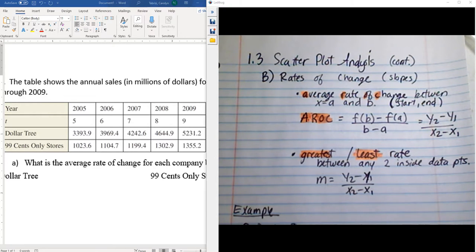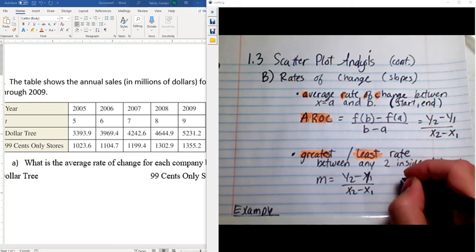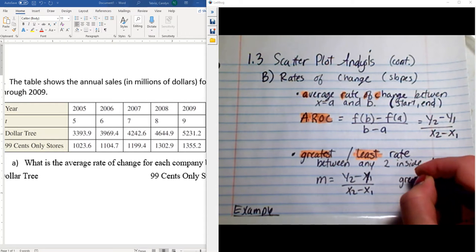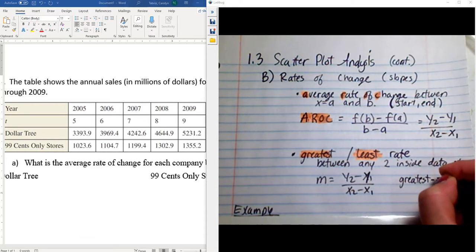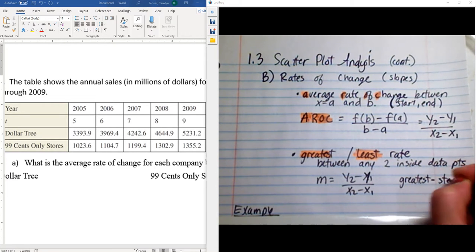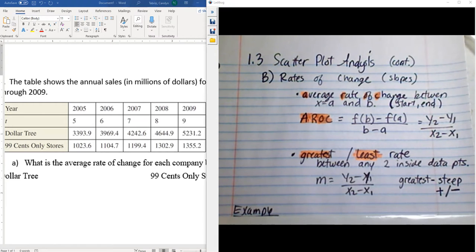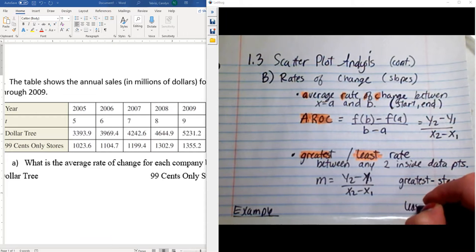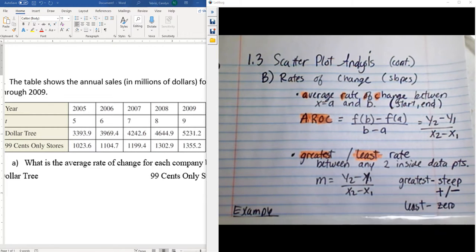Now I'm going to say that the greatest is typically the steepest, and I'll count steep as positive or negative slope. And the least is zero slope, the closest to zero.